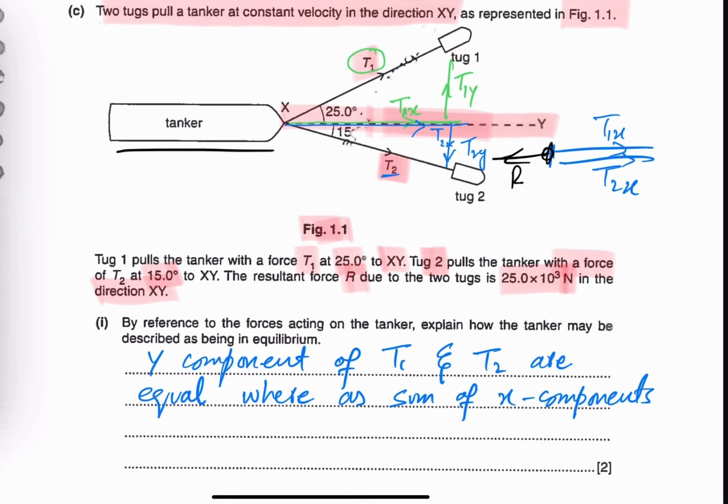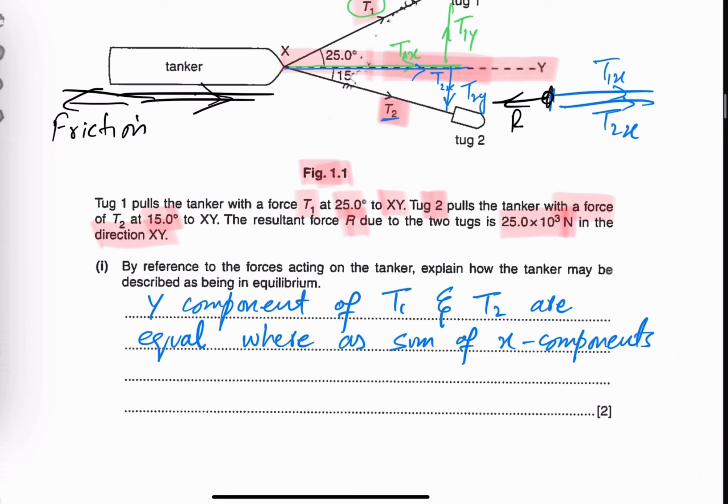So if the tanker is moving on a road, the opposing force can be a force of friction. Okay, so we can say that the sum of the x components of T1 and T2 must be equal to friction. Only in that case can the tanker be in an equilibrium condition.